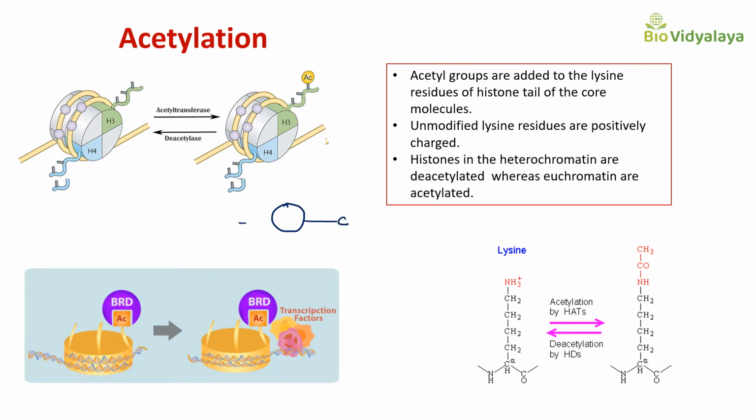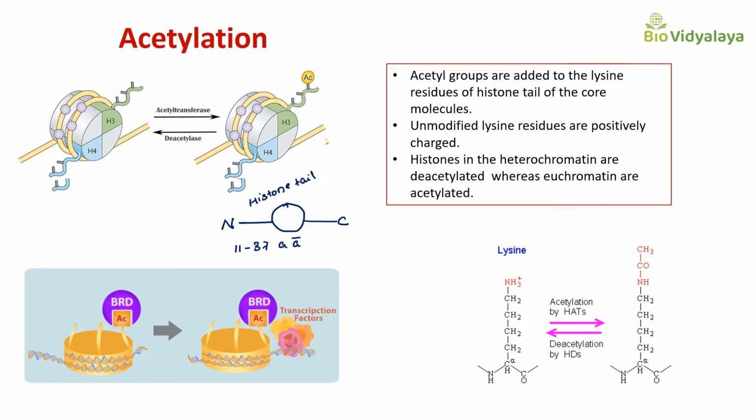And histones are also proteins. So, histone protein contains 11 to 37 amino acids in the N-terminal end. And this N-terminal end is called the histone tail.